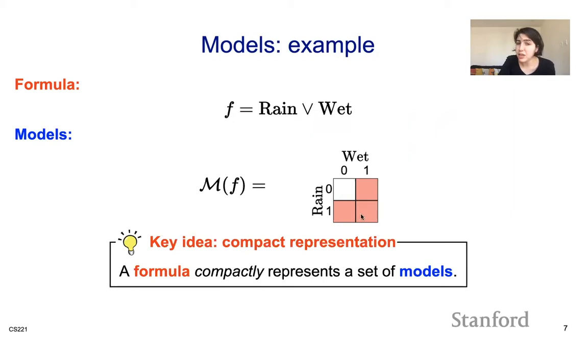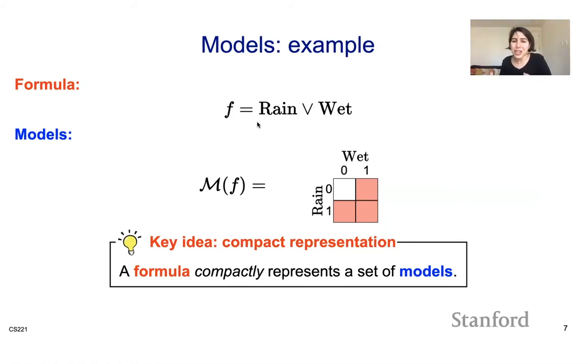So the shaded area here is showing the meaning of this formula F, which is symbolically written and doesn't have a meaning by itself, but models of F is assigning a meaning to it. These grids show what the meaning of rain or wet is. The key idea in logic in general is that a formula, although it is written syntactically and is a symbolic representation, is a very compact representation of a giant set of models.